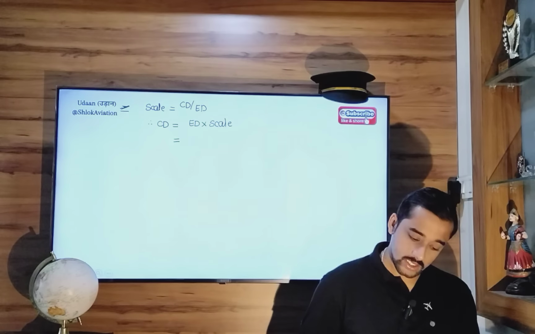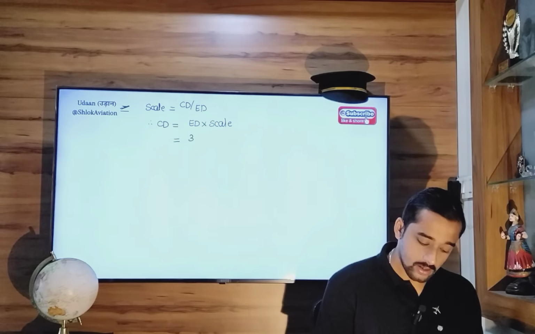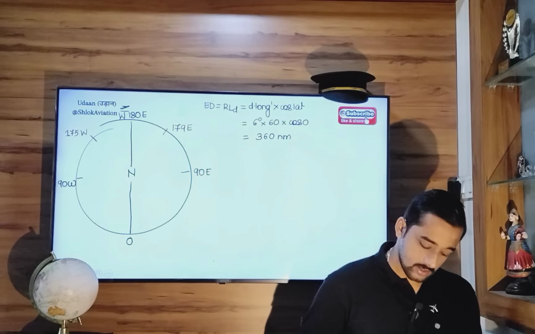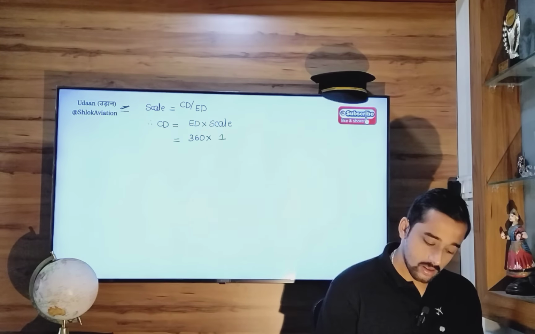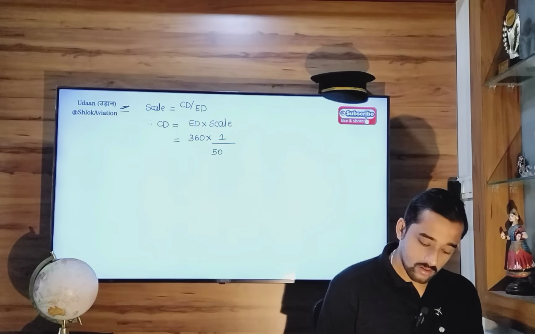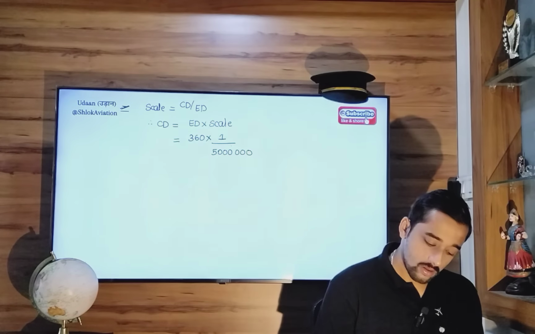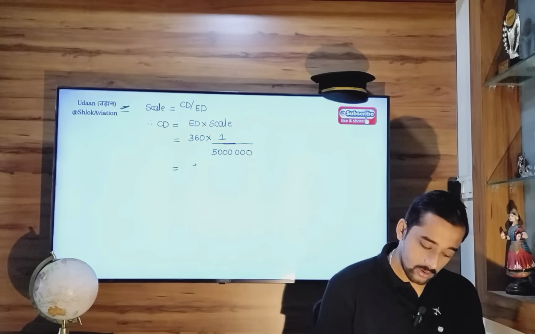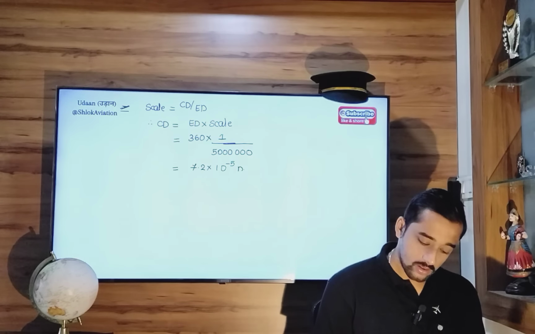Earth distance is 360 miles. Scale is 50 lakhs. So 360 divided by this is 7.2 into 10 raised to minus 5 nautical miles.